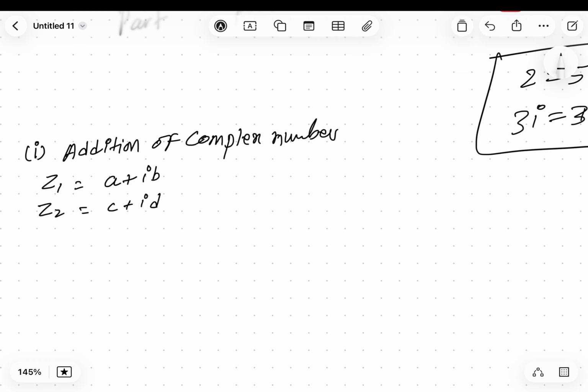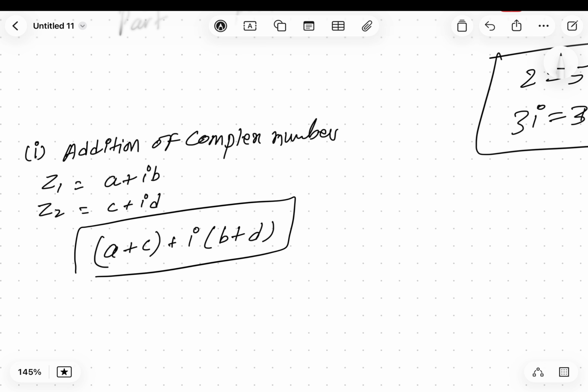What we can do is add the real parts and the imaginary parts: a plus c plus i(b plus d). And this will be the answer.